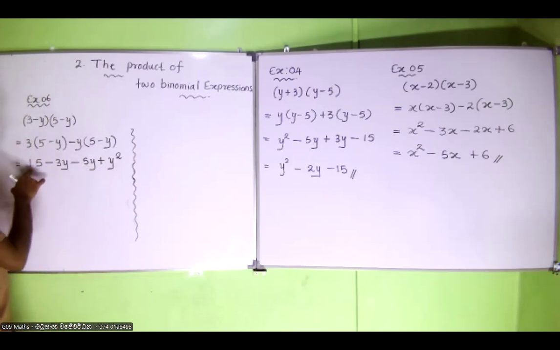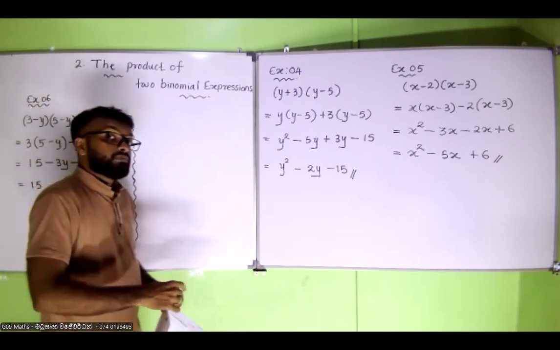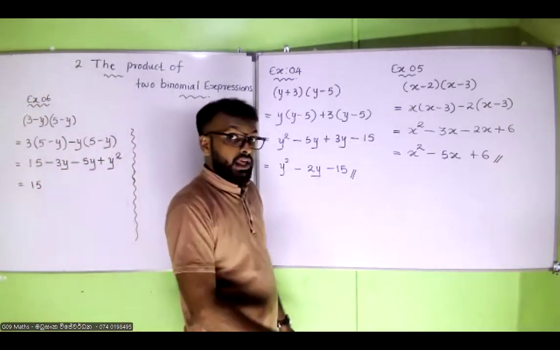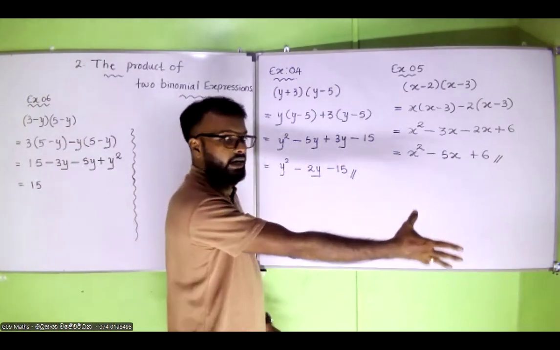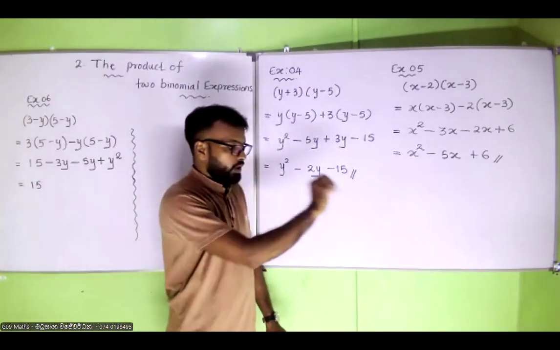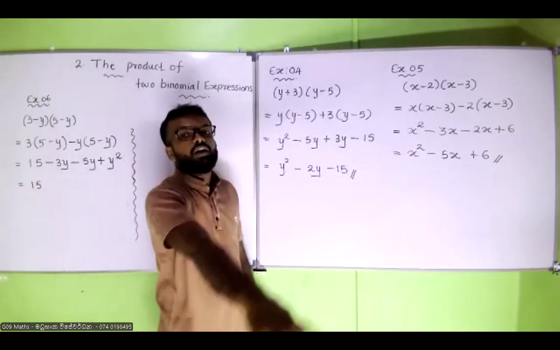Right. Here you have 15, no any other numbers. 15. Minus 3y minus 5y. Same board, right? Negative 3y, put it in the negative board. Negative 5y, put it into the negative board.